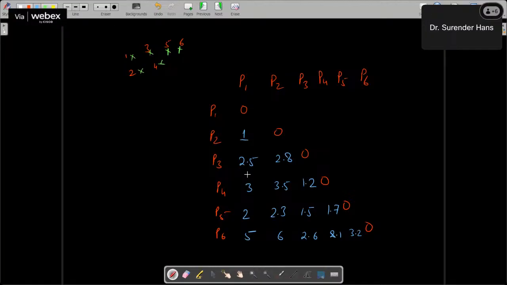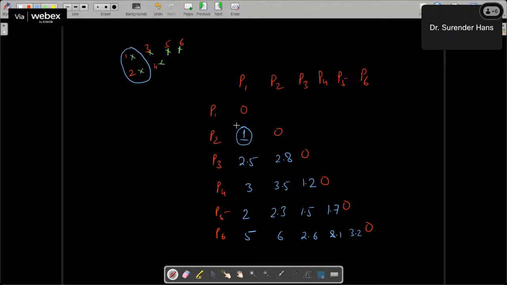Now find the closest clusters. Identify the two clusters or data points that are close to each other based on this distance matrix. Now you tell me which one has the minimum distance. See this one, correct? P1 and P2 have the minimum distance.